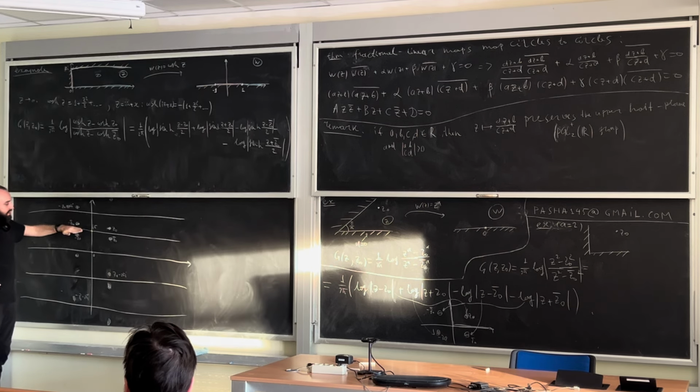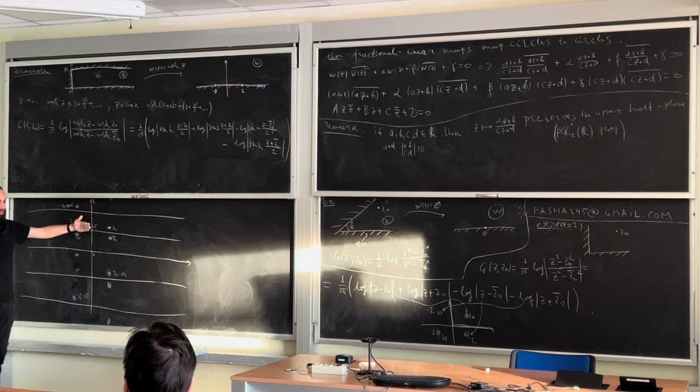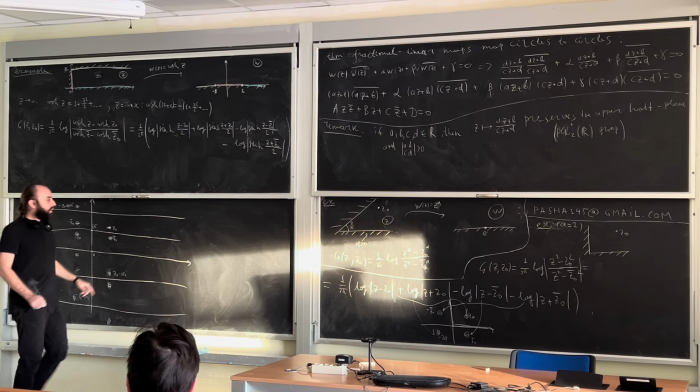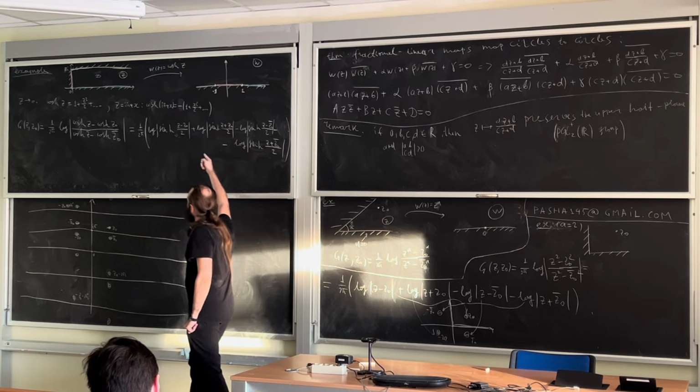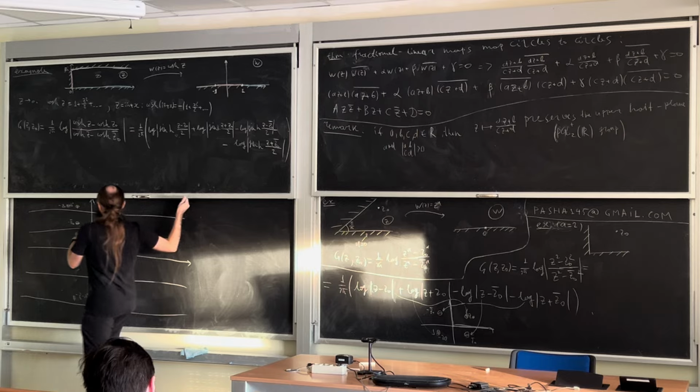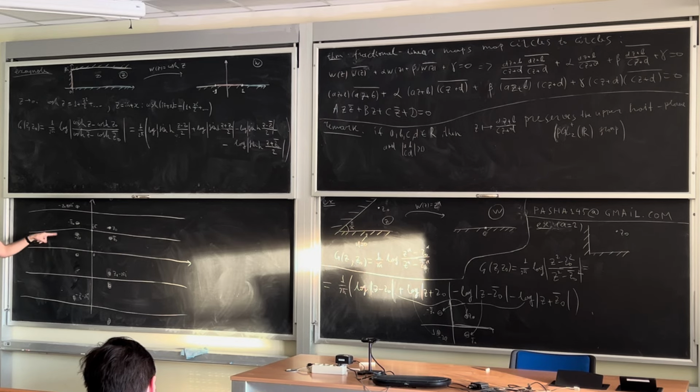It's also anti-symmetric with respect to any reflection in this line or this line. So in principle, we could write this expression as an infinite sum of the contributions of these charges located at different points.